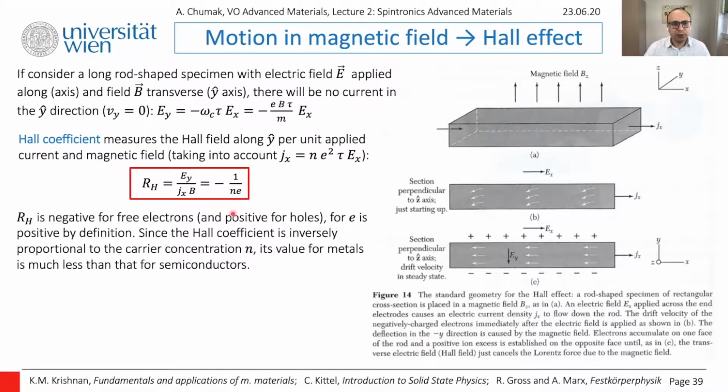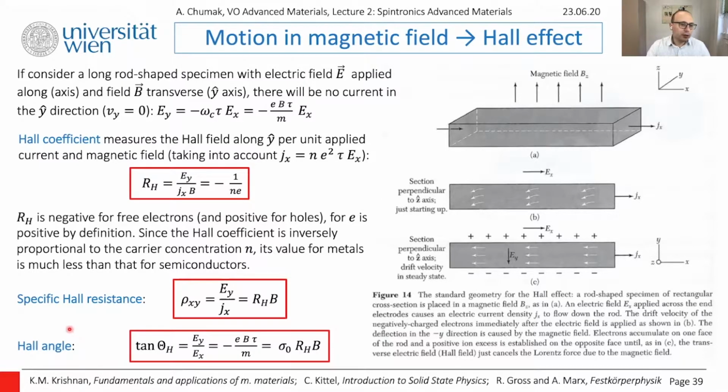This really describes your material, and the most important thing for the Hall effect is the carrier concentration N. And if we go a step further, we can remember that in semiconductors the density of carriers is smaller. It means N is smaller. That's why the Hall effect, which is inversely proportional to N, is larger. That's why semiconductors are used in Hall sensors.